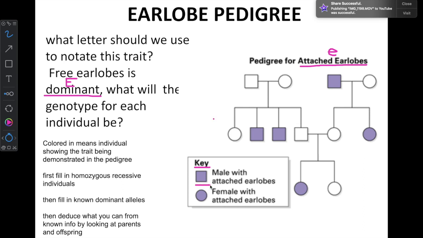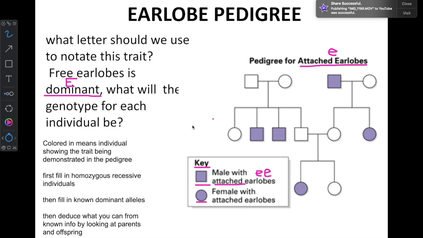A male with attached earlobe is colored in, so we know that the colored in ones are the recessive traits. If you have attached earlobes, you are recessive, and you have to be homozygous recessive to have attached earlobes. So anything colored in is going to have attached earlobes, and that genotype will be lowercase e, lowercase e.